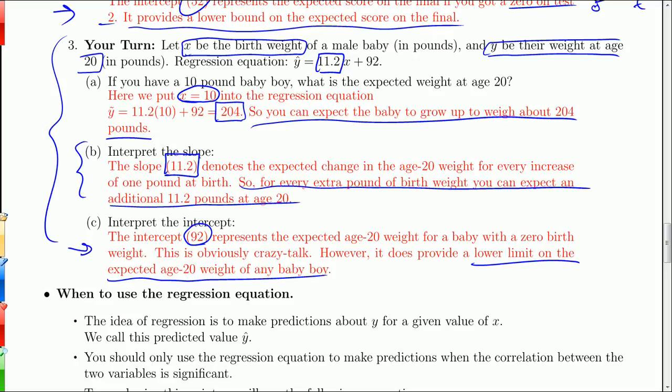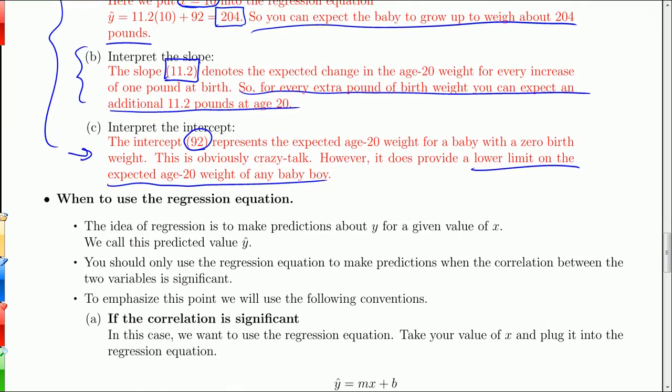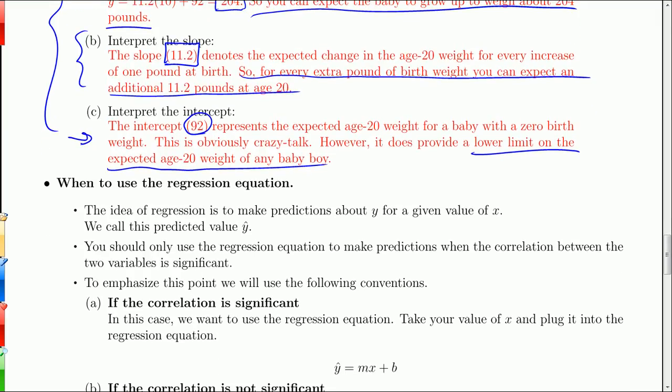If any baby boy is born, you'd say, well, I certainly put a minimum weight on his age 20 as being 92. And again, that is only valid if that linear relationship remains when x is close to 0.